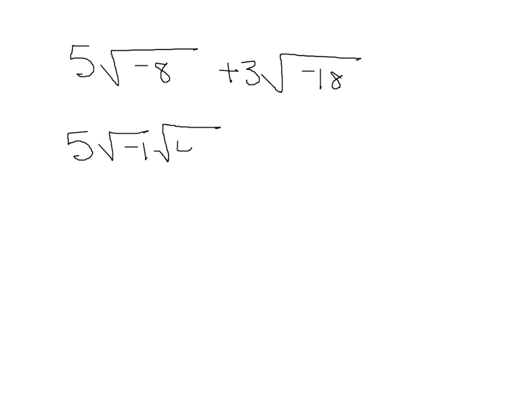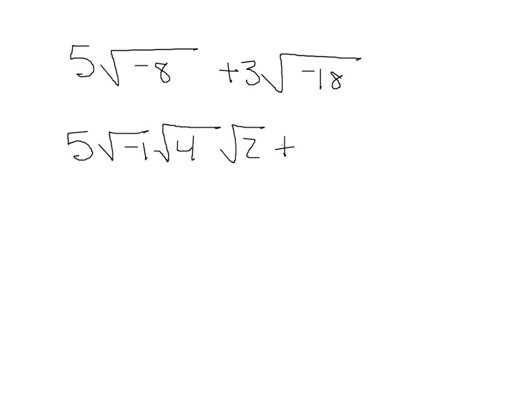Let's look at 5 square root of -8 plus 3 square root of -18. So I get 5 times the square root of -1, and 8 is 4 times 2, so I'm going to rewrite it like that.